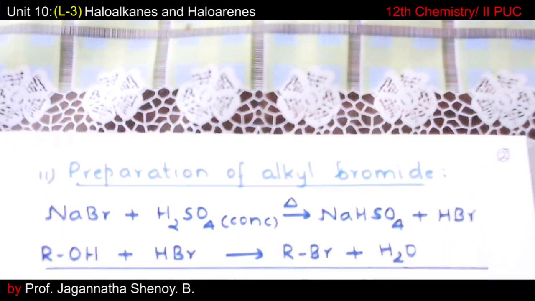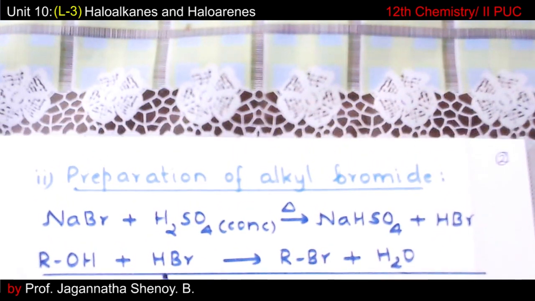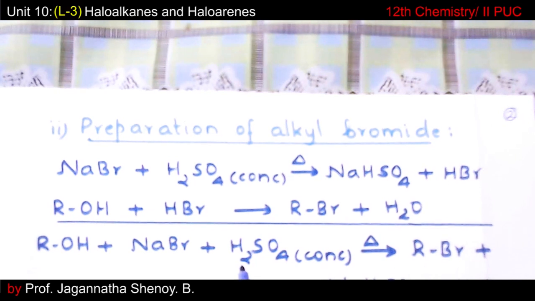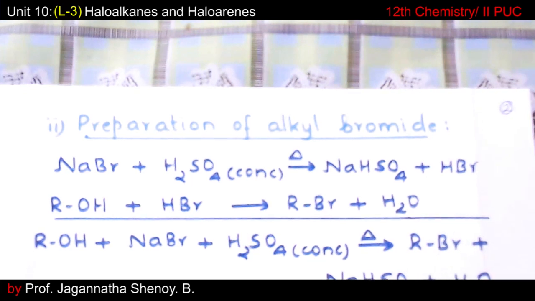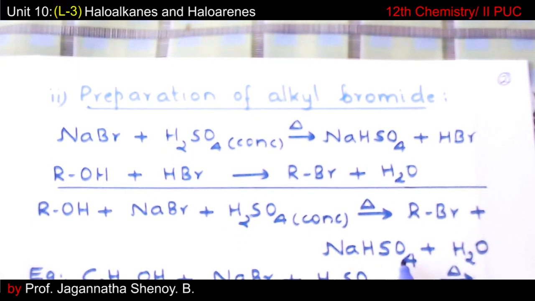In the second step, the formed HBr will react with alcohol to form alkyl bromide and water. Now, combining these two equations, we write the total equation: ROH plus sodium bromide plus concentrated sulfuric acid, you heat it, we get alkyl bromide along with sodium bisulfate and water.